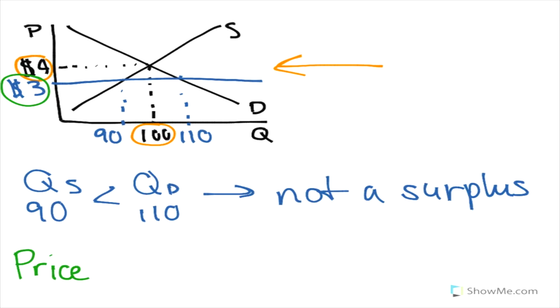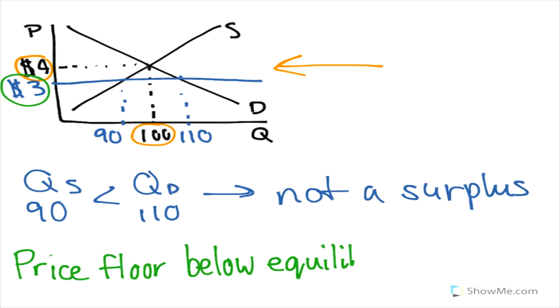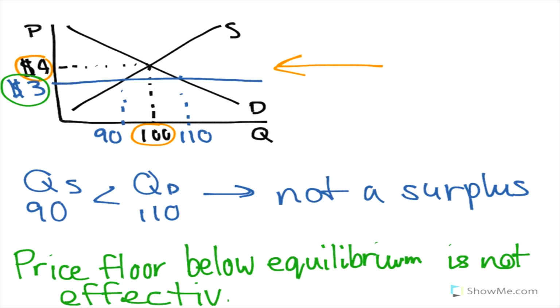Price floor below equilibrium is not effective. So those are examples of price floors, and we can see the difference between above and below equilibrium.